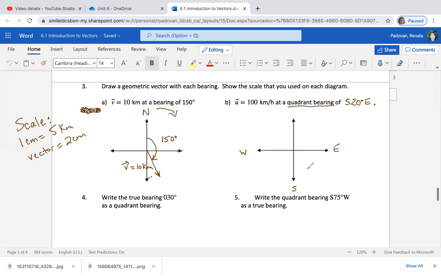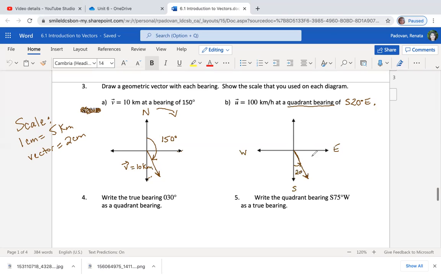So starting south, moving east, and only 20 degrees. If I was going halfway between them, that would be 45. So it's almost like a quarter of the way, if you will. And again, you can get a protractor and do exactly 20 degrees, or you can just eyeball it, but know that you will need to know how to do that when we're graphing. So then indicate that you're starting south and ending east, drawing your 20 degrees there. So there's my 20 degrees.